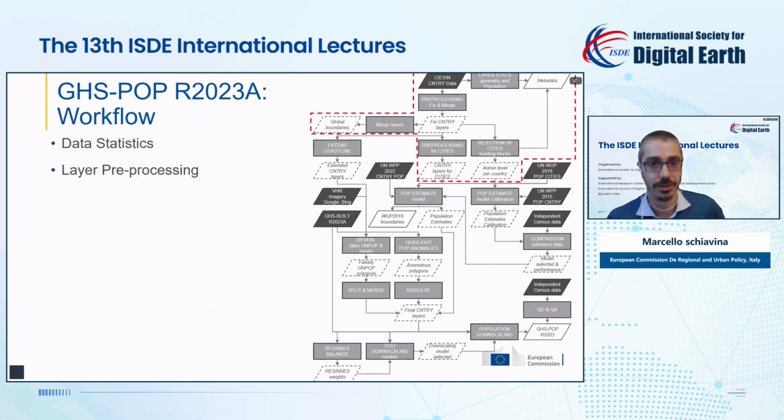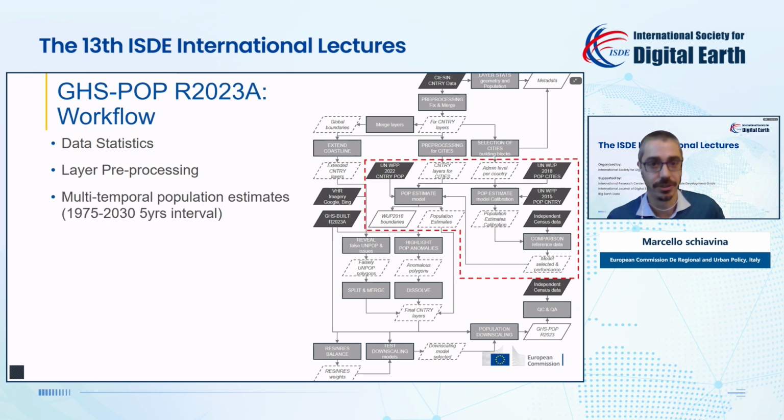But in broad terms, we took the CIESIN data and we performed data analysis and pre-processing to compile input metadata and align the geometry to the UN country list. We developed a model to estimate the time series of population per unit based on the standard approach of CIESIN, that is a simple exponential model that uses the estimated growth rate and rescales country totals to the WPP values.